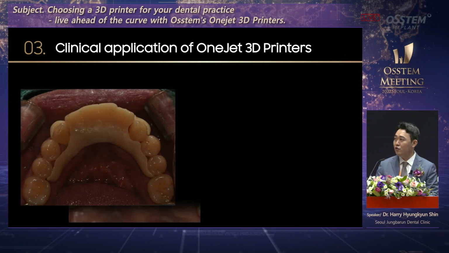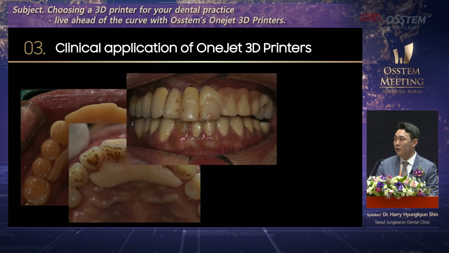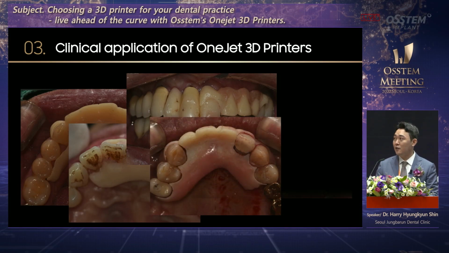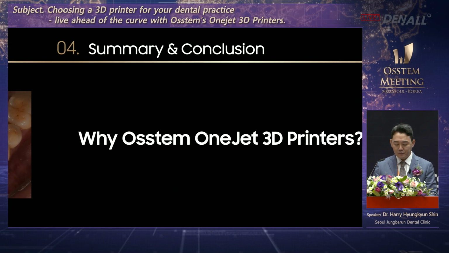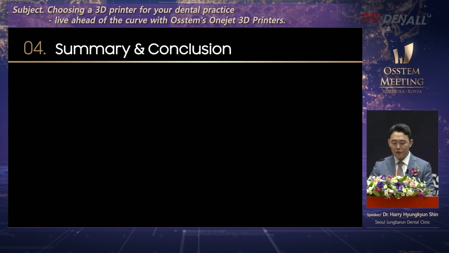In our clinic, in areas where occlusal force is not heavy, immediate dentures are used in 100% of the cases. As I said before, you need to use 3D printing as much as possible to have a good return on investment. So, summary. Why do I recommend this?